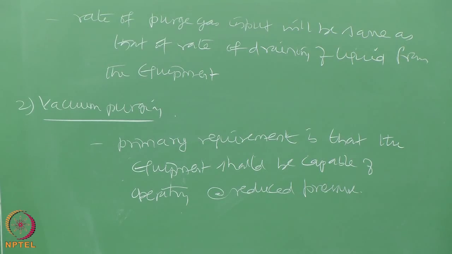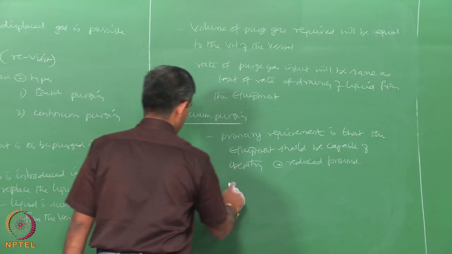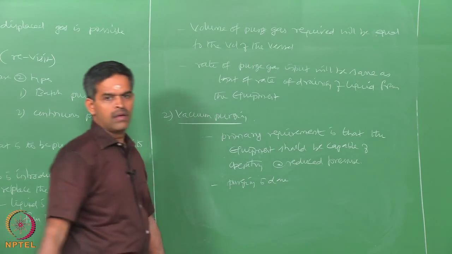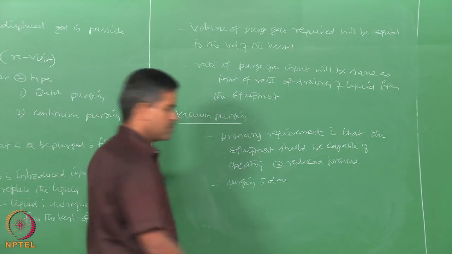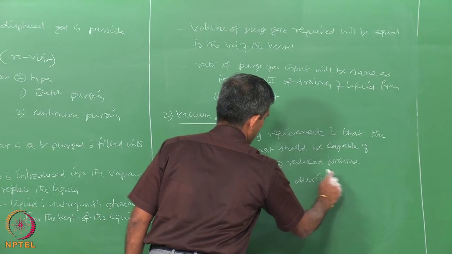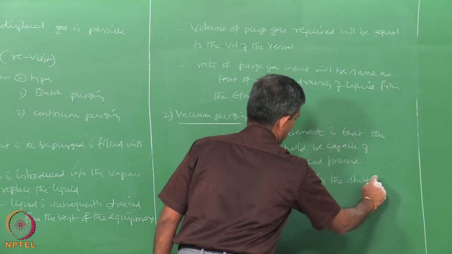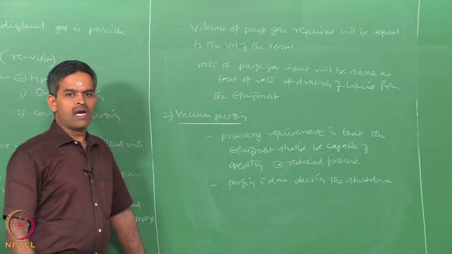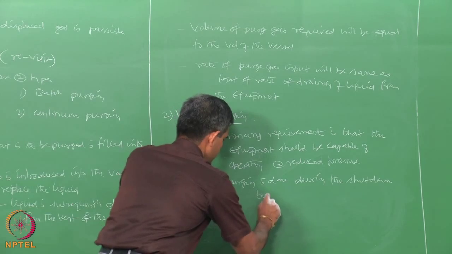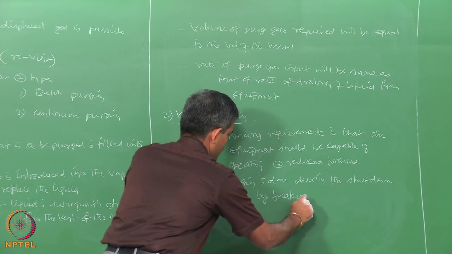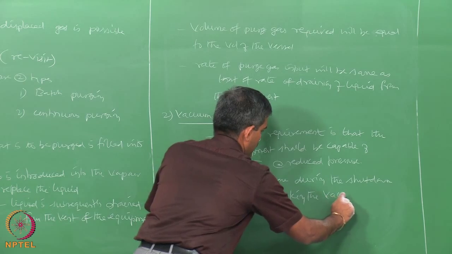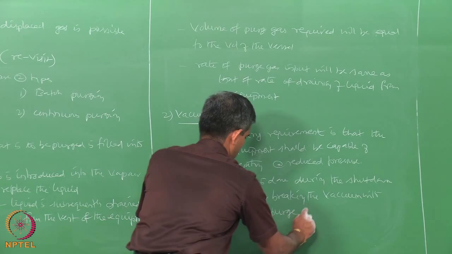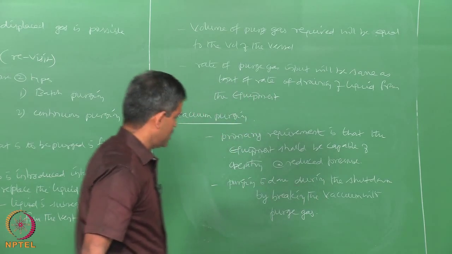In this case, purging is done during the shutdown, by breaking the vacuum with the purge gas.